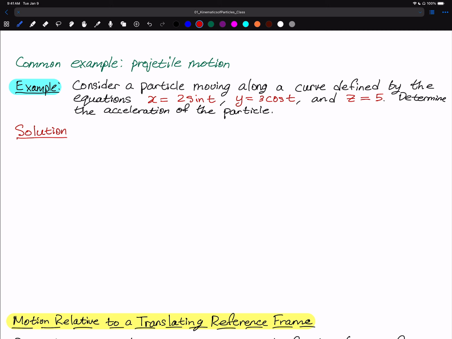Okay, so we are given a particle that is moving along a curve defined by the following set of equations. x is equal to 2 sine t, y is equal to 3 cosine t, and z is equal to 5. We are asked to determine the acceleration of the particle. So this is a case where all the motion in the three directions as defined by the curve do not depend on other directions.